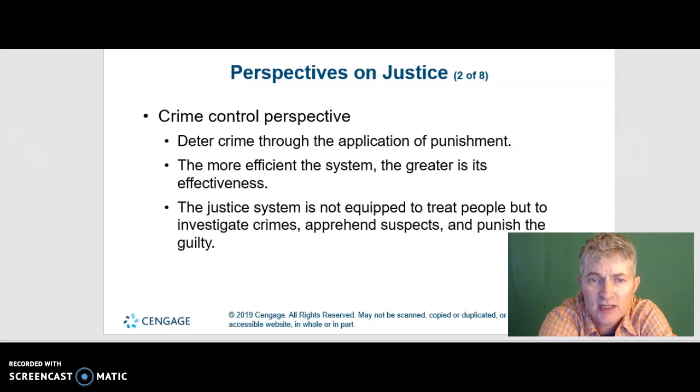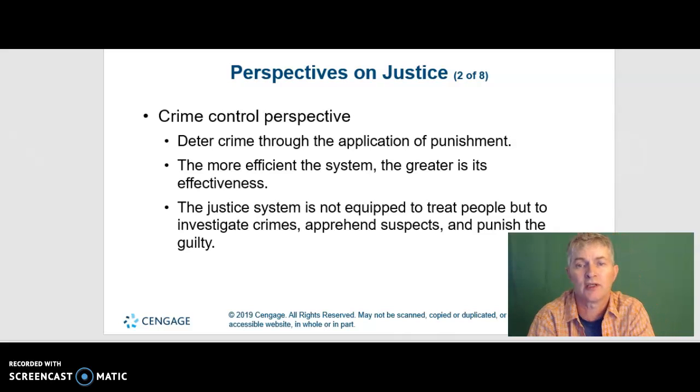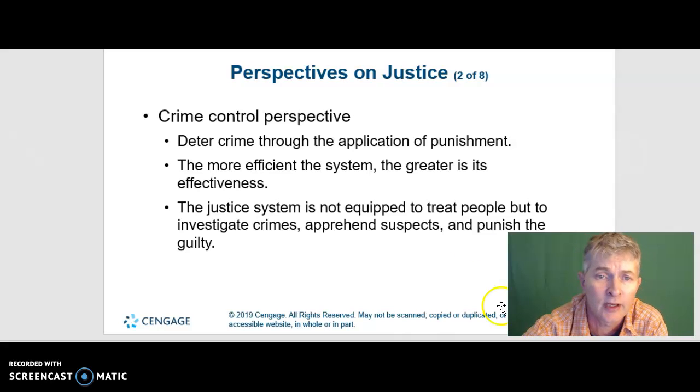The more efficient the system, the greater is its effectiveness. And in this case, the justice system is not equipped to treat people, but to investigate crimes, apprehend suspects, and punish the guilty. So we're collecting all the people that are doing crime, but we're not doing a whole lot of rehabilitation in the process.